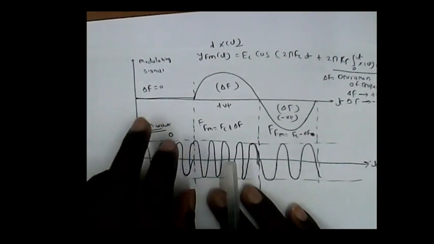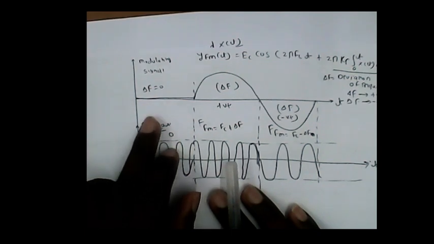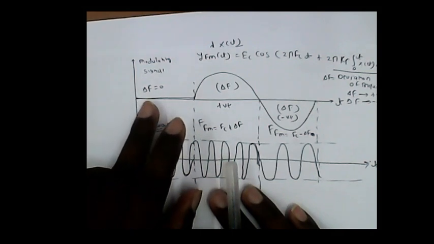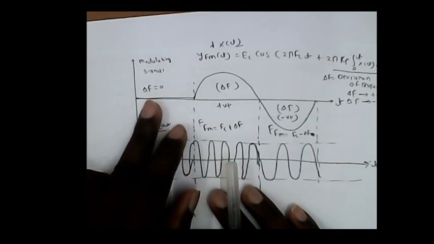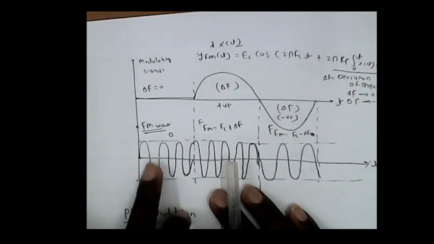The frequency deviation, or deviation of the frequency, is 0 when the amplitude of the modulating signal is 0. So we can see here there is no deviation of the carrier signal.